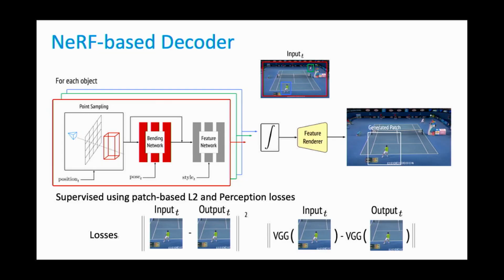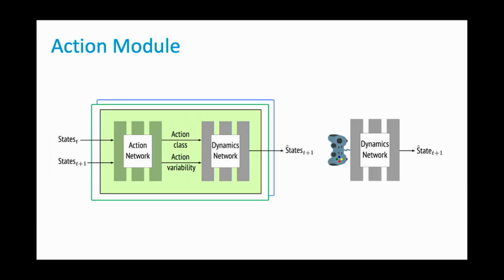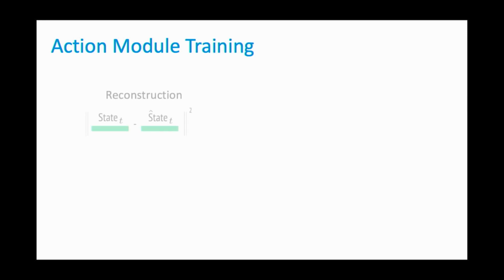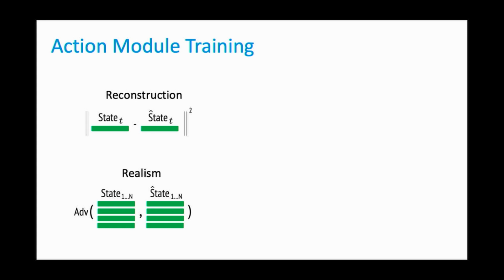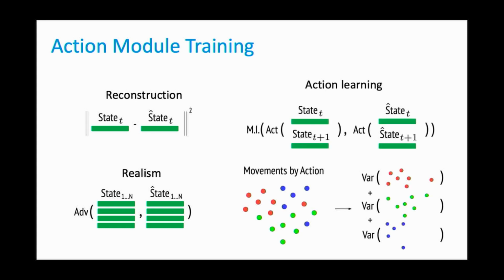Then you have different losses: one is the L2 loss, the other one is on the feature space, the VGG space. And again you have two things, the action network and the dynamic network, and you are generating how the states T and T plus 1 end up in the generated state T plus 1. Some details: these are the different losses that we have, and we can also understand the learning of the actions, very similar to what we had before.